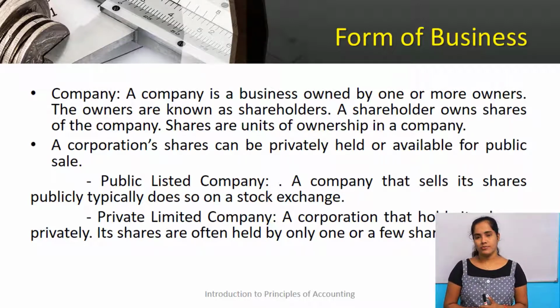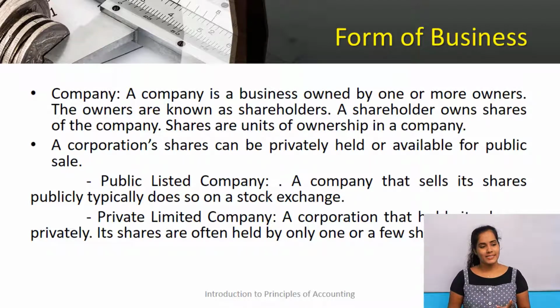So this kind of business is known as a publicly listed company. A publicly listed company is a company that sells its shares publicly, typically on a stock exchange. A private limited company is a corporation that sells its shares privately, and its shares are often held by only one or a few shareholders.